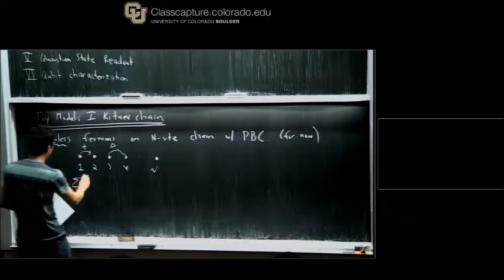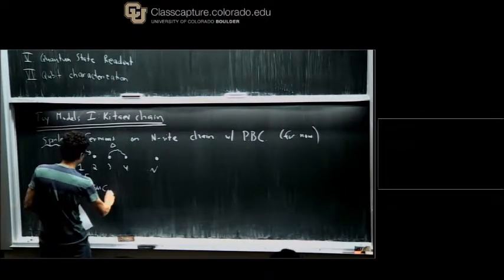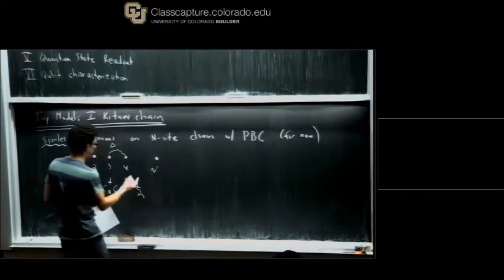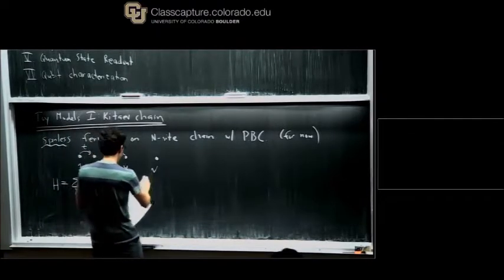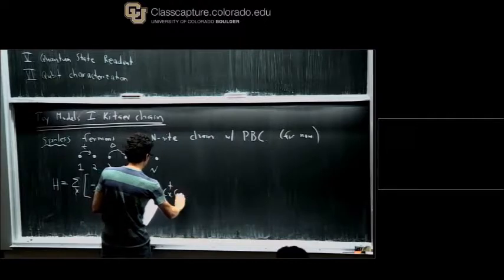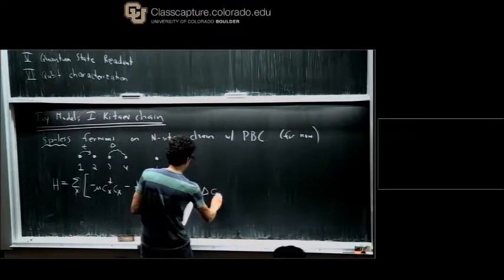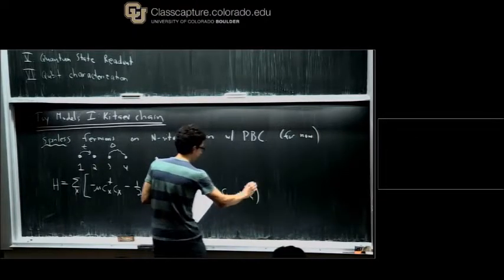So the Hamiltonian will consist of a sum on all sites x via chemical potential term. I'm going to put a factor of a half in front of the pairing and tunneling terms, not for any particular reason. So there's the hopping term. And there's the pairing term.